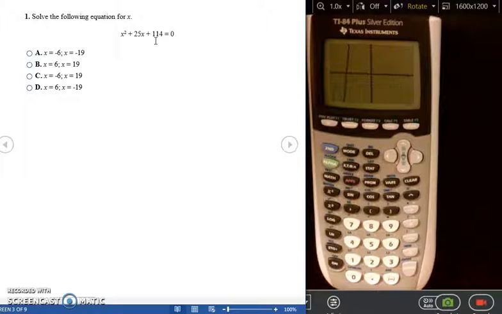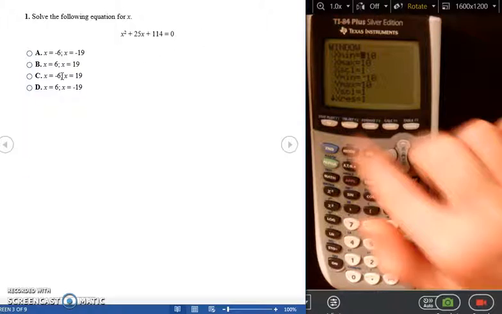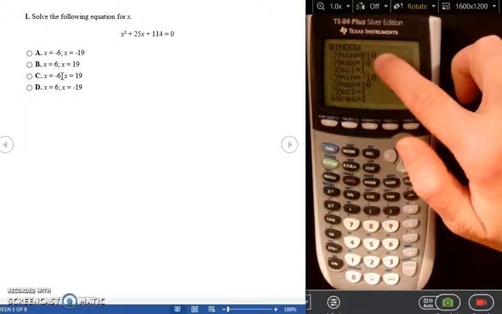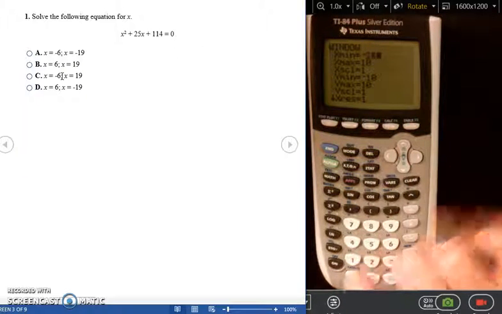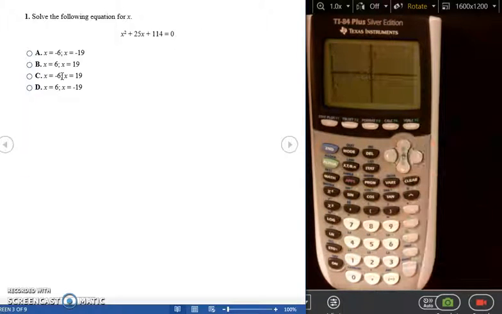And so here I only see one place where the parabola is touching the graph. So that means I'm going to have to go out a little bit further. And if I look at my answers, I can see I need to be able to have 6 and 19 on the x-axis, both negative and positive of that. So I'm going to press window, and I'm going to make my x-axis go from -20 to +20 so that I can see everywhere that it crosses.